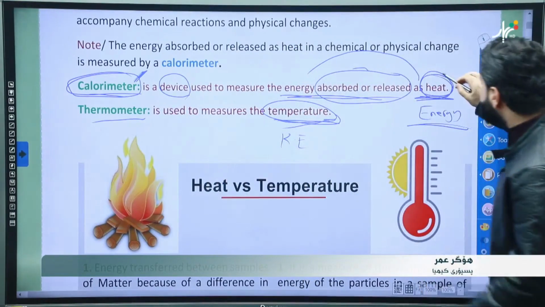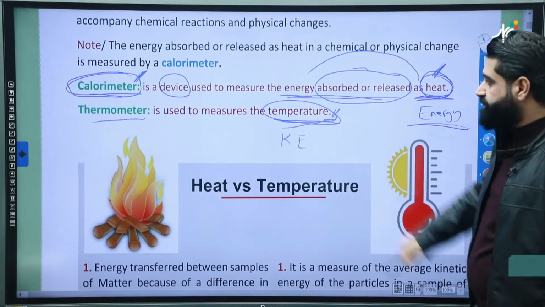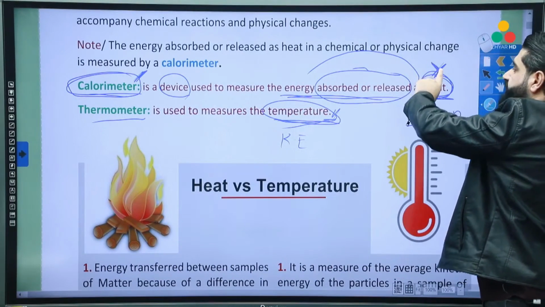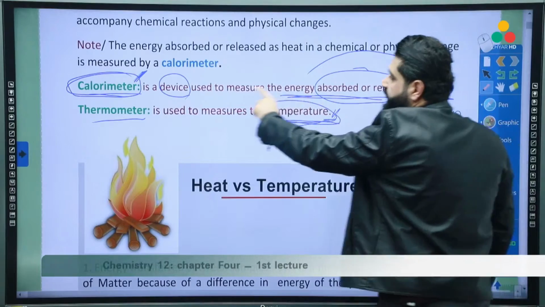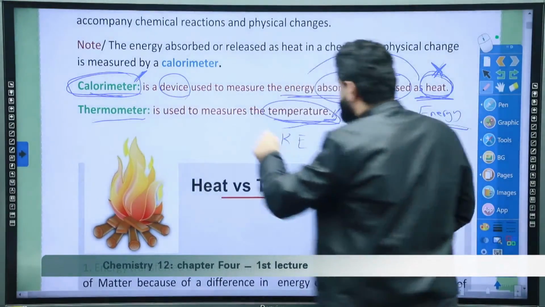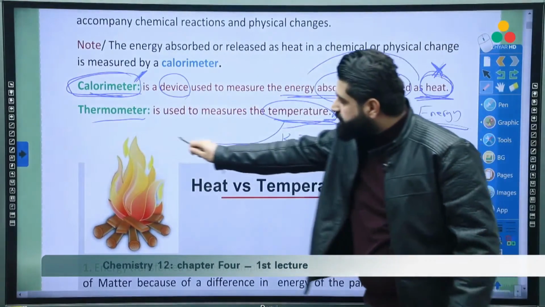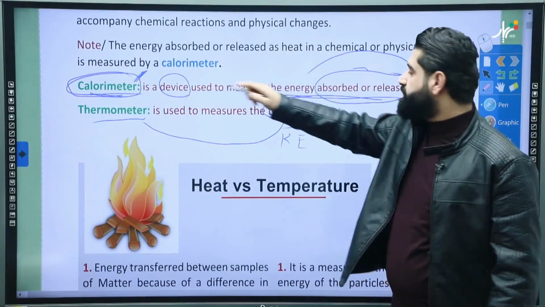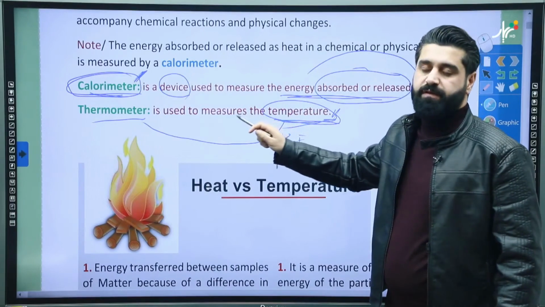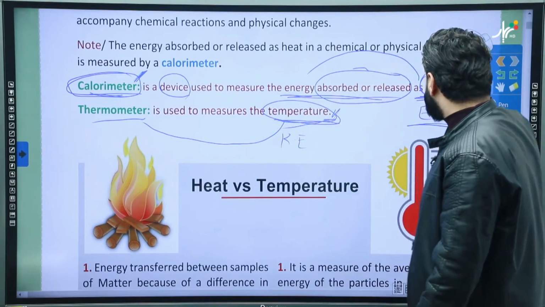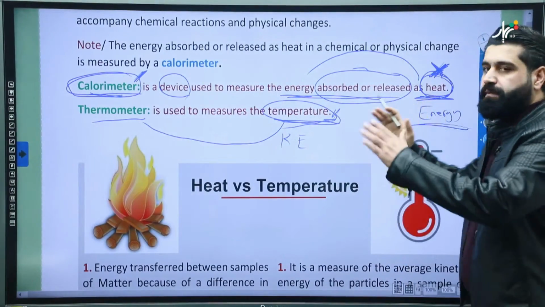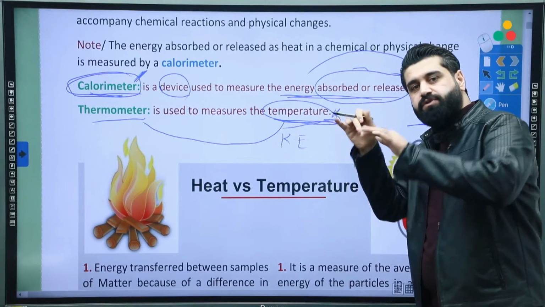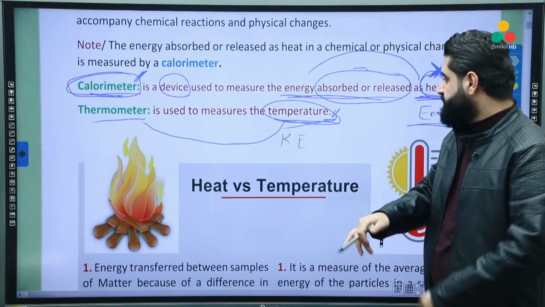So now what's the difference between heat and temperature? First of all, heat energy is measured by a calorimeter, but temperature is measured by a thermometer. Look, heat by calorimeter, but temperature by thermometer. Heat is energy that is transferred from a higher temperature object to a lower temperature object.